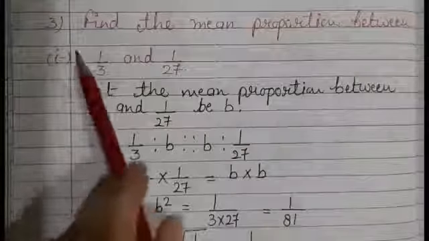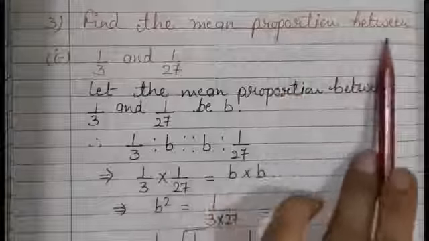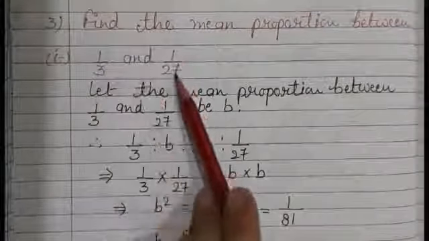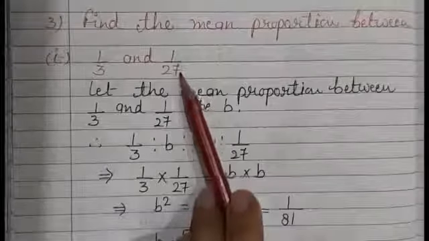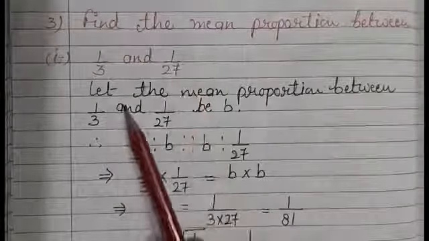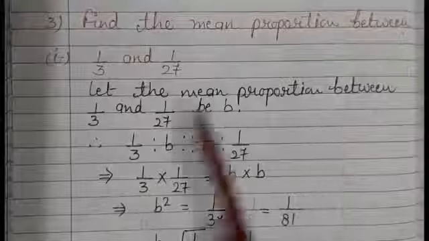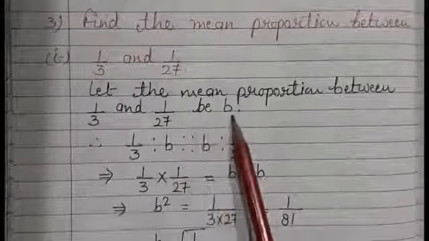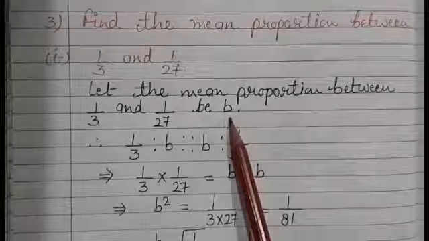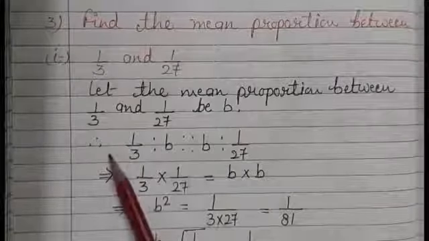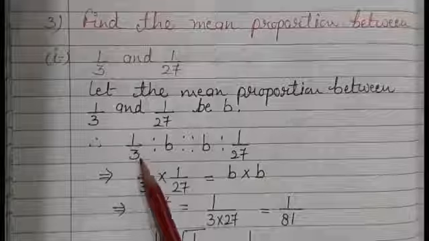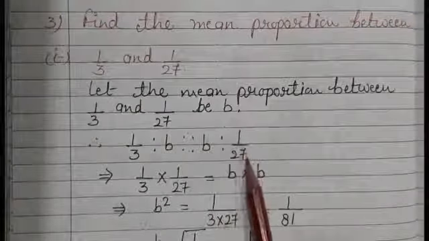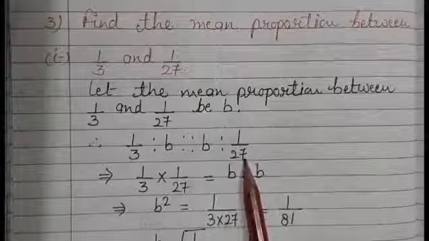Now sum number 3, find the mean proportion between first part 1 by 3 and 1 by 27. In that case, first we have to let the mean proportion between 1 by 3 and 1 by 27 be b only, right? So the equation becomes 1 by 3 is to b as b is to 1 by 27.